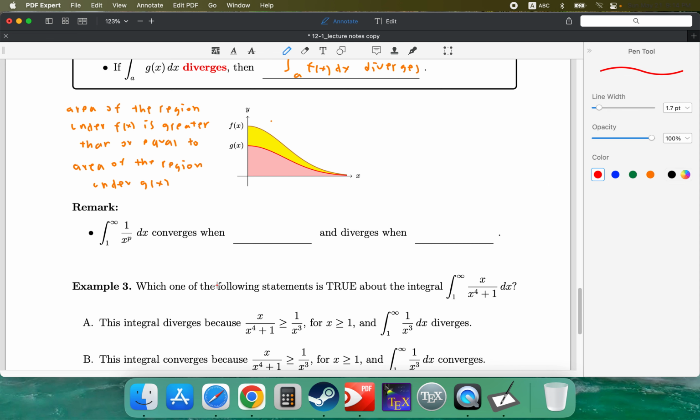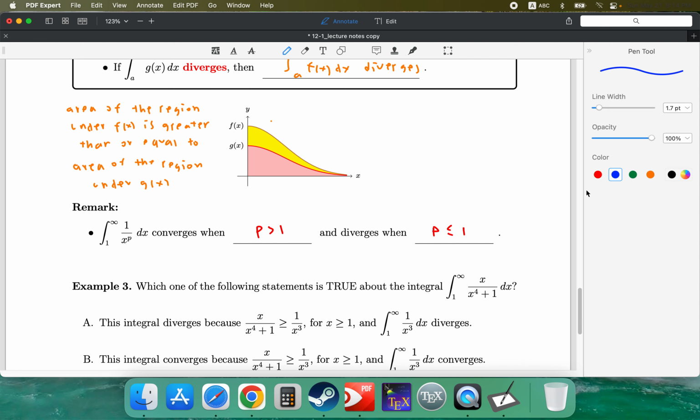So before we practice example 3, here we have a remark, and we will use this remark later in chapter 10. So this is really important. The integral of 1 over x to the pth power from 1 to infinity converges when p is greater than 1, and this integral diverges when p is less than or equal to 1.